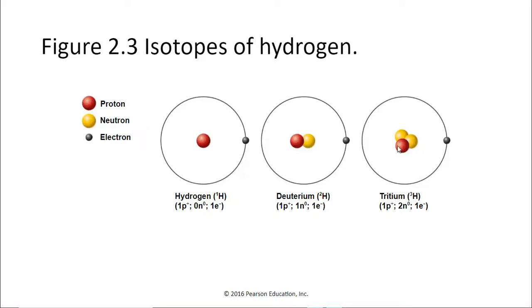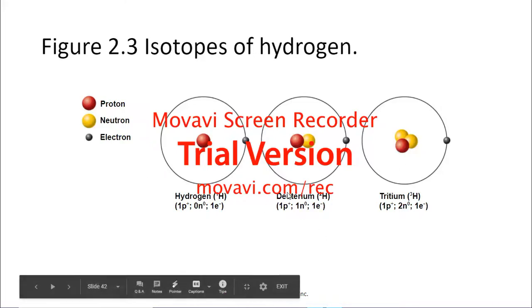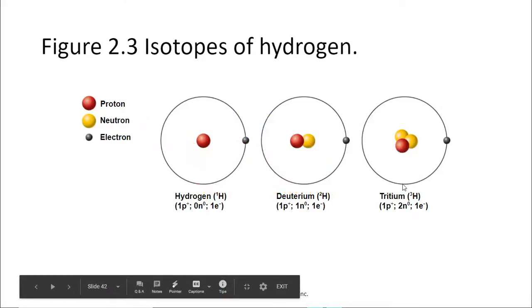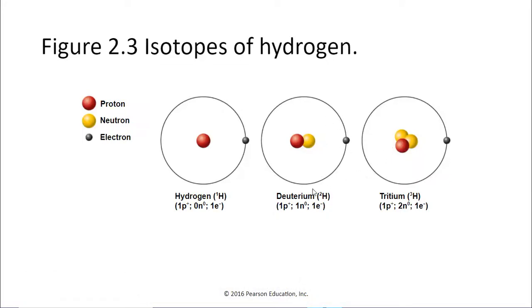They have the same number of protons but different number of neutrons. Remember, isotopes have different number of neutrons but the same number of protons of that element. And deuterium and tritium are both radioactive.